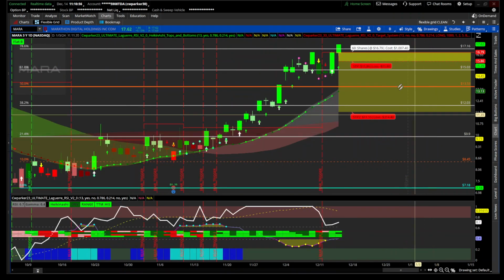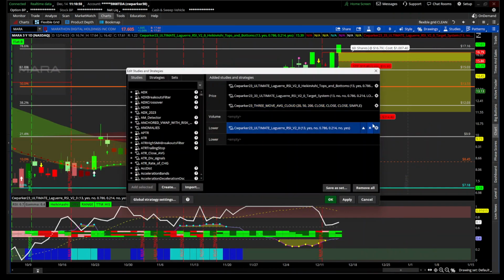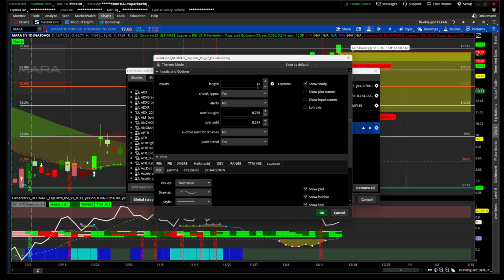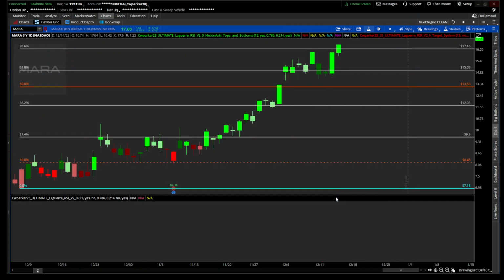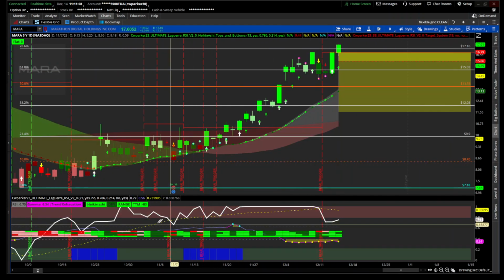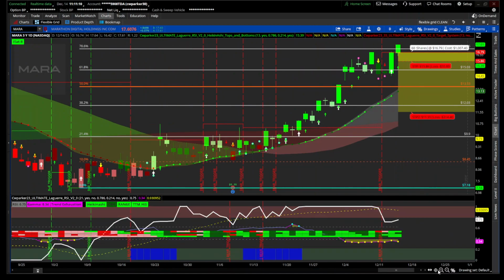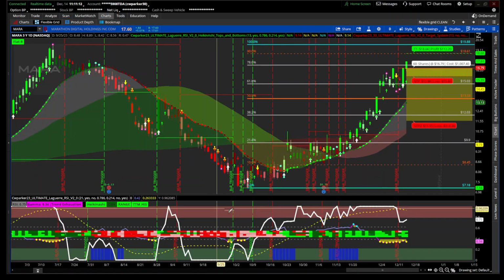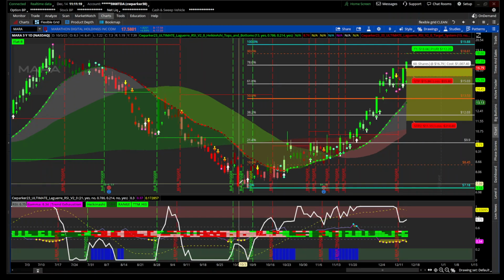If you want to try a little bit more aggressive, you can change the Laguerre RSI to 8. I'm looking at it on Fibonacci numbers. If you want to trade less aggressively, put it on 21. You won't get as many signals. You can see these don't line up with those because this one is set at 13.